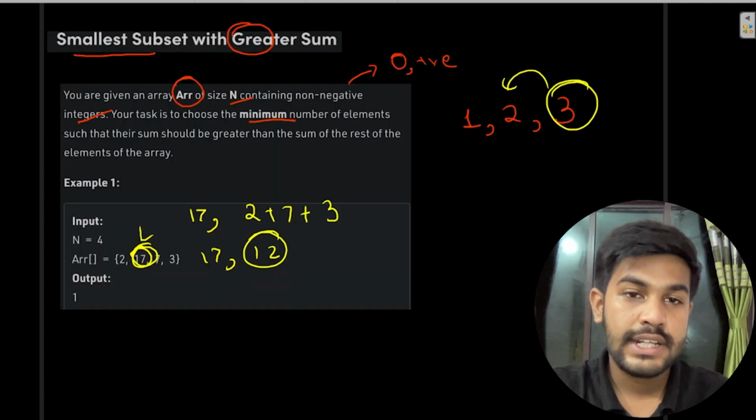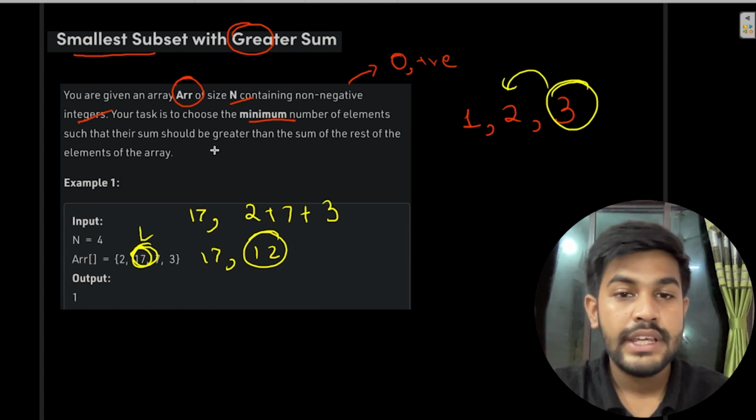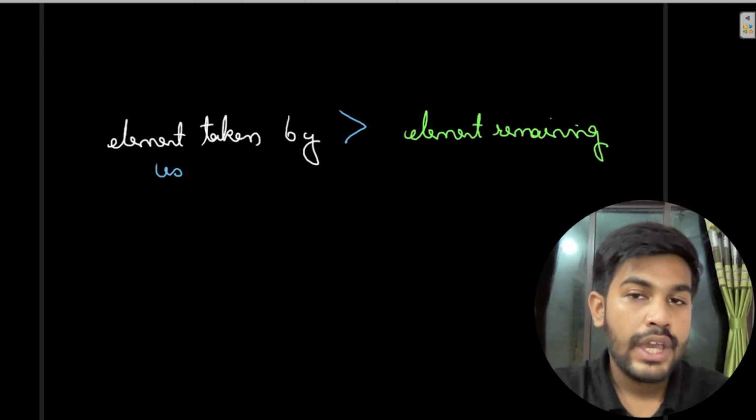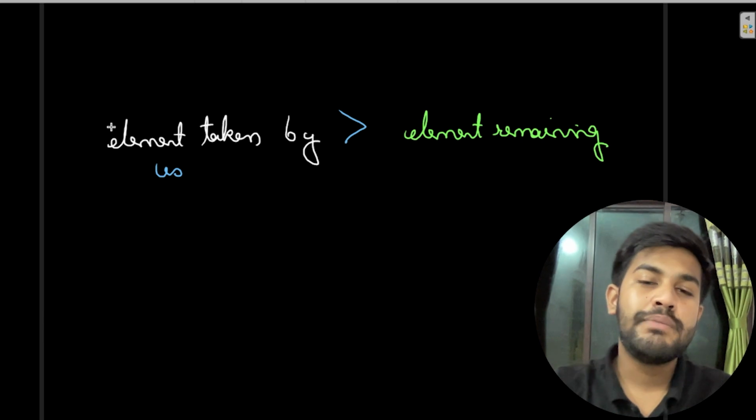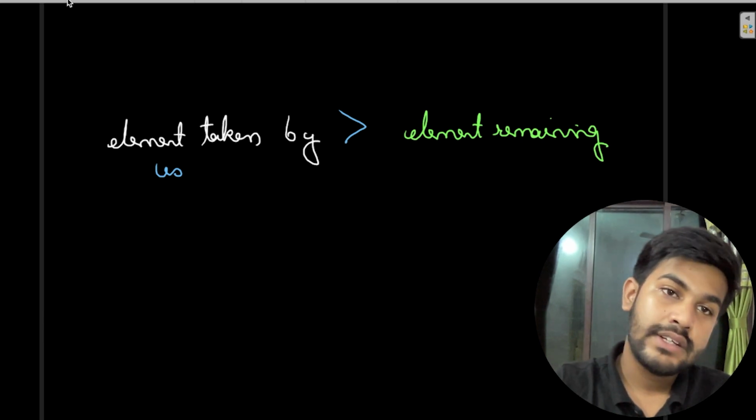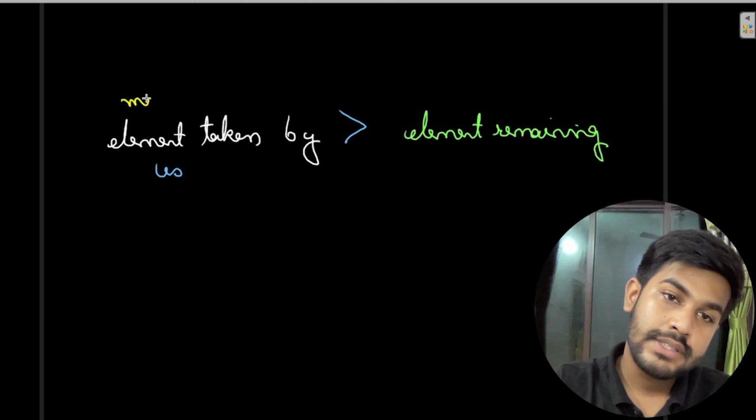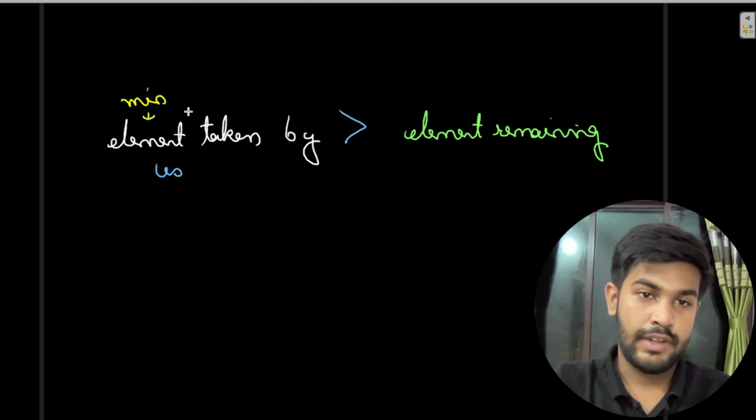This is what they want. Let us see the condition again. The elements taken by us should be greater than this, and we need to minimize the number of elements.